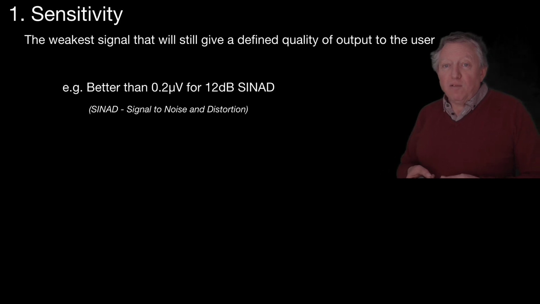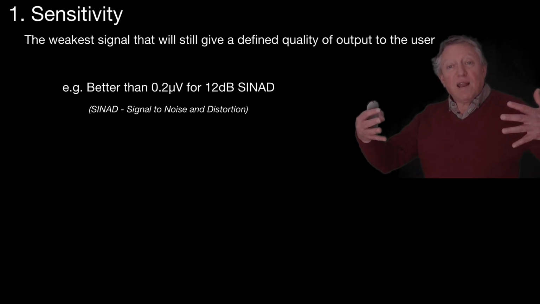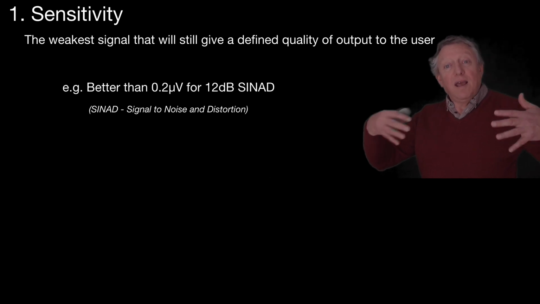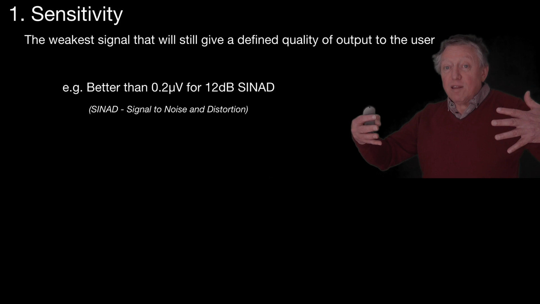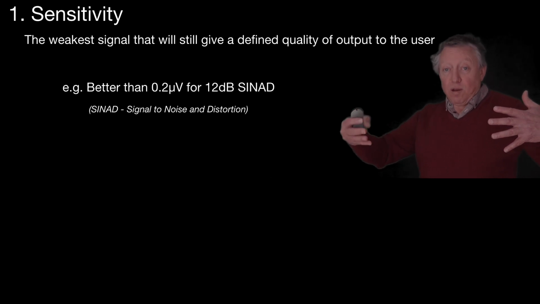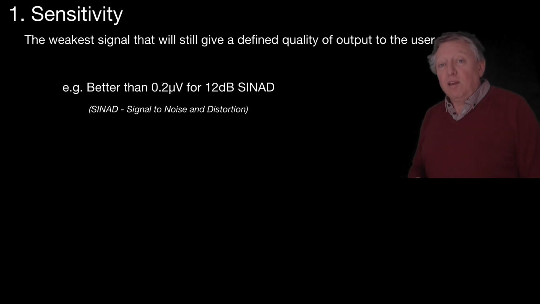So this is comparing, if you like, what goes into the receiver with the fidelity of what comes out, and takes 2 factors into account: any noise that the receiver adds to the equation and any distortion that the receiver adds to the equation.